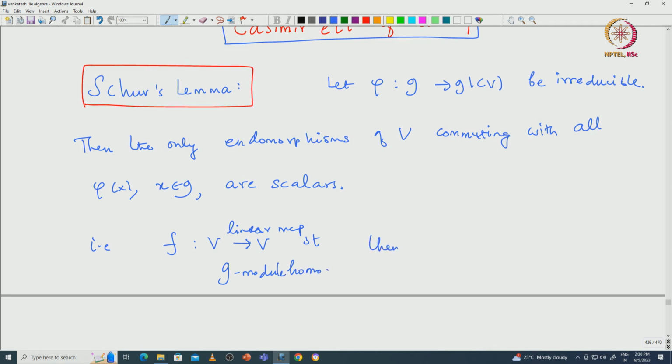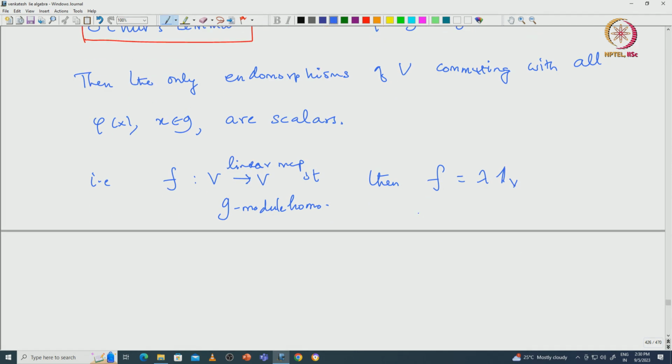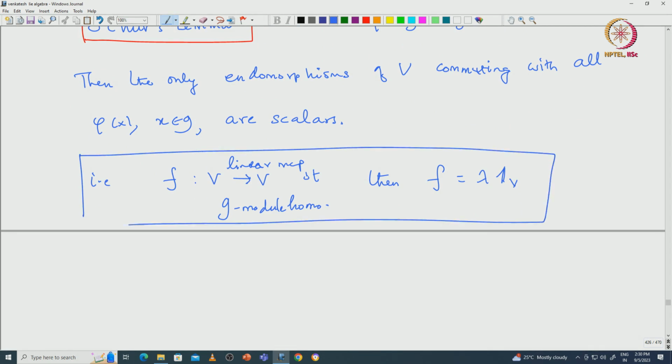Then f must be a scalar times the identity. That is what Schur's lemma says if we assume V is an irreducible representation of G. This is something we have already proved, so I am not going to prove it. I am just recalling this statement which will be used later.